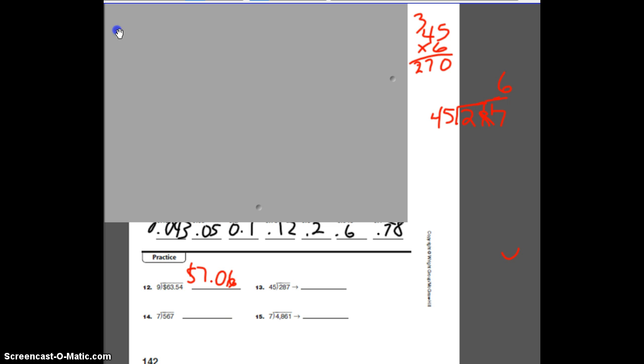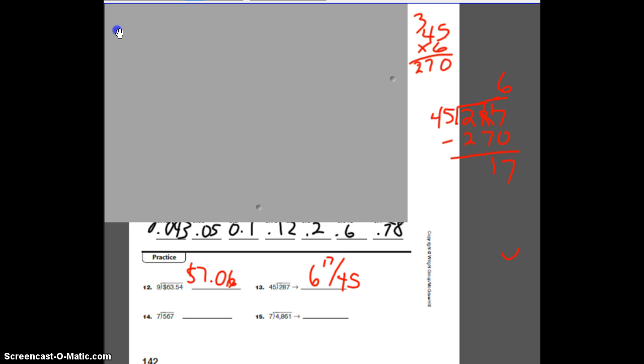All right, so we've got 6, 270. We're really close now. 8 minus 7, so a remainder of 17. And we can just write it that way unless it tells us that we need to do it as a decimal, and it doesn't. So we'll do 6 and 17 over 45.